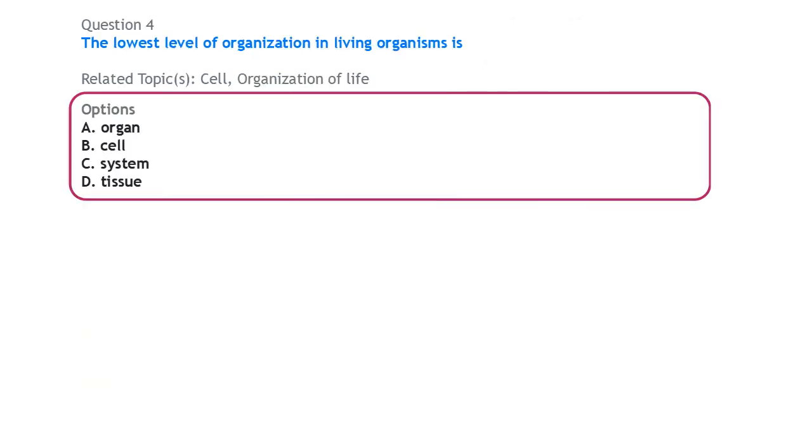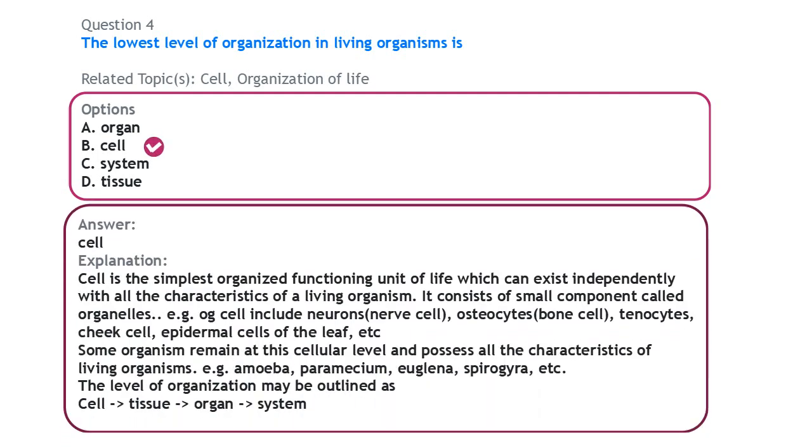Next question on cell. The lowest level of organization in living organisms is, that is the cell. The cell is the lowest unit of life, the lowest level of organization. From cell we have tissue, from tissues we have organs, and finally we have system.